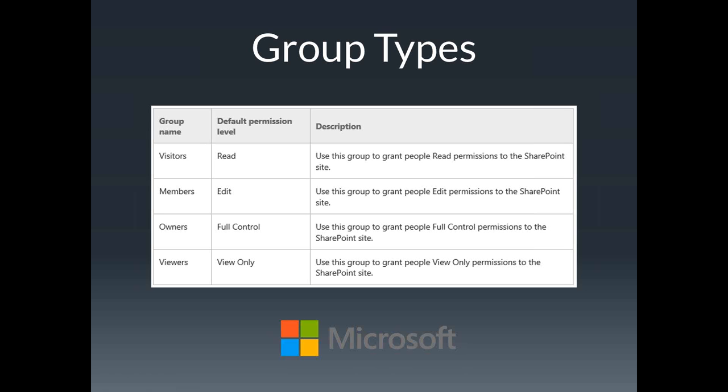So you'd set those external people to that view only permission, and it gives them the ability to see what you want them to see without being able to get into anything else that they shouldn't be getting into.